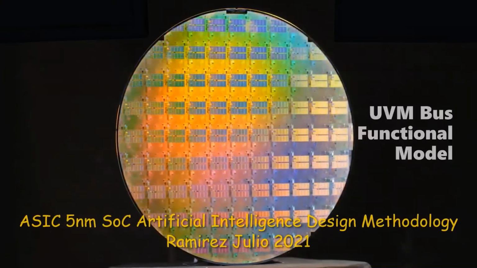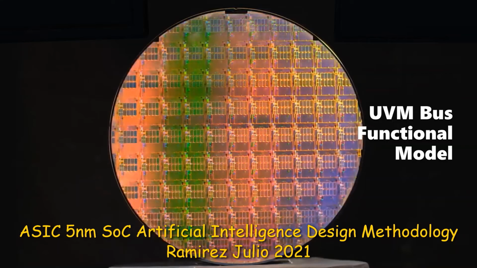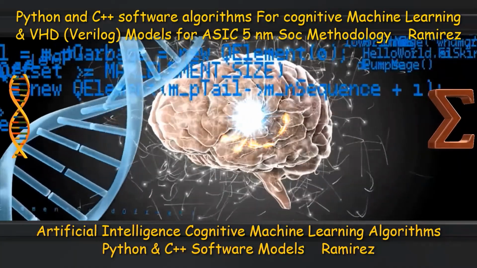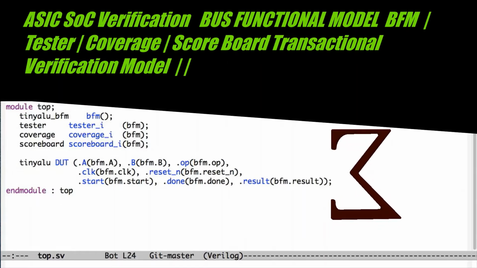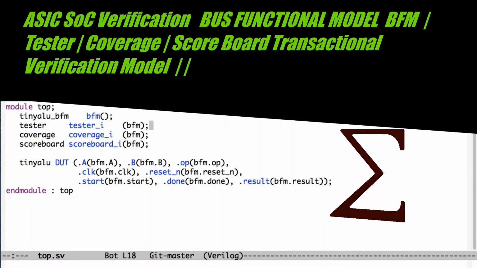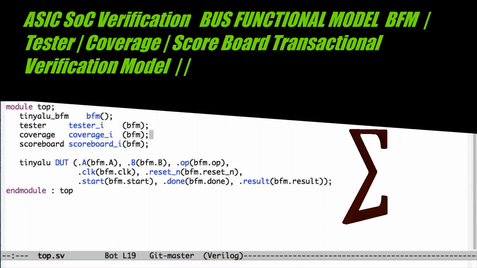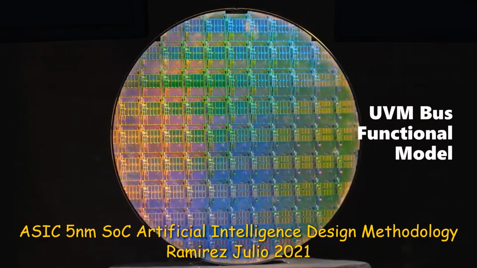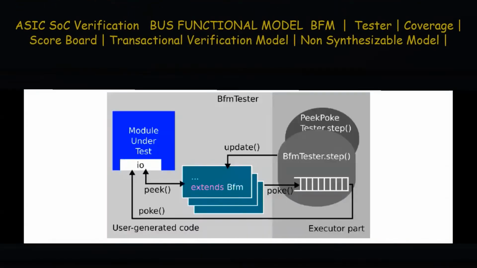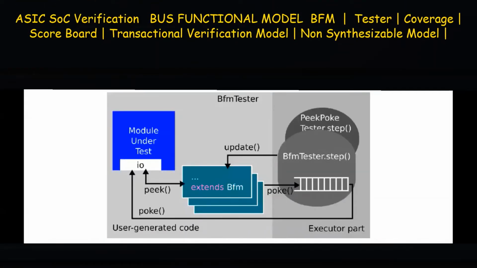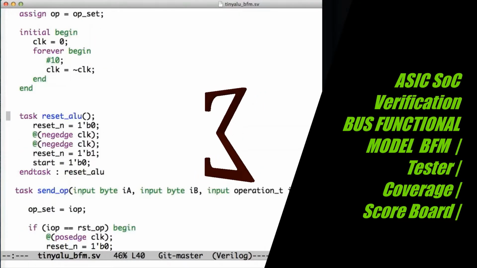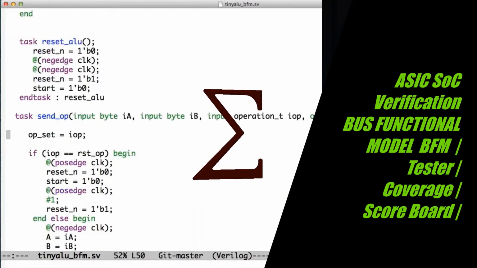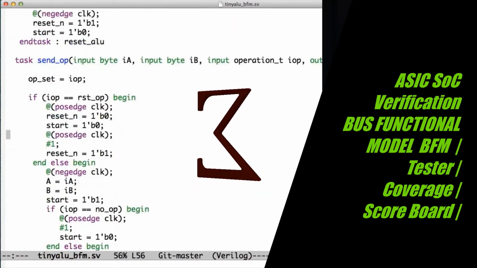Bus Functional Model, BFM, also known as a Transaction Verification Model, is a non-synthesizable software model of an integrated circuit component having one or more external buses. The emphasis of the model is on simulating system bus transactions prior to building and testing the actual hardware.